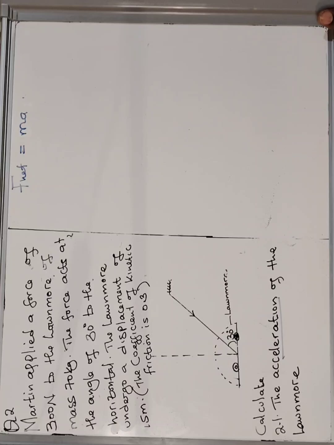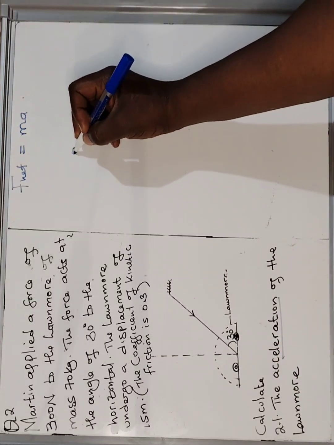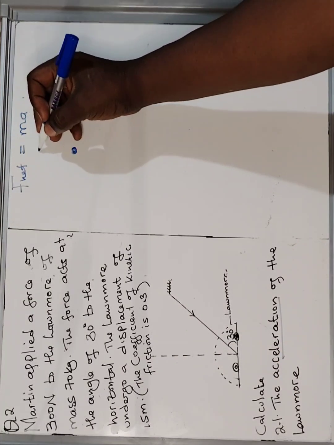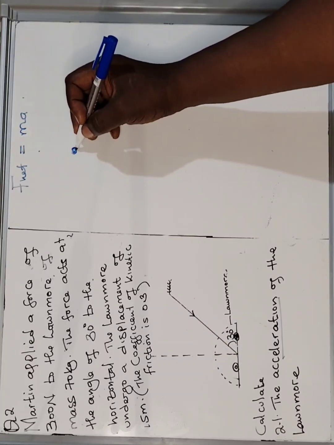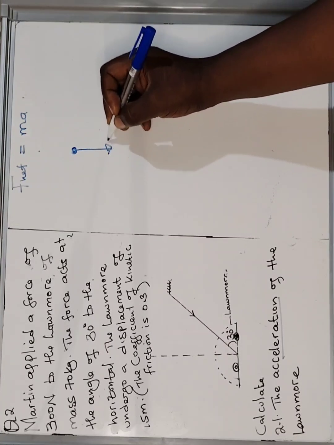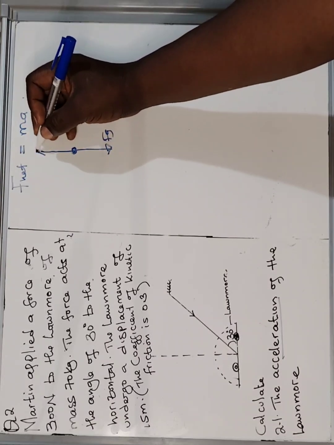What is stopping us from getting acceleration is net force. So how do you get net force? You come to the free body diagram and indicate all the forces acting on the body. This body is on the ground, so it has Fg being opposed by Fn.